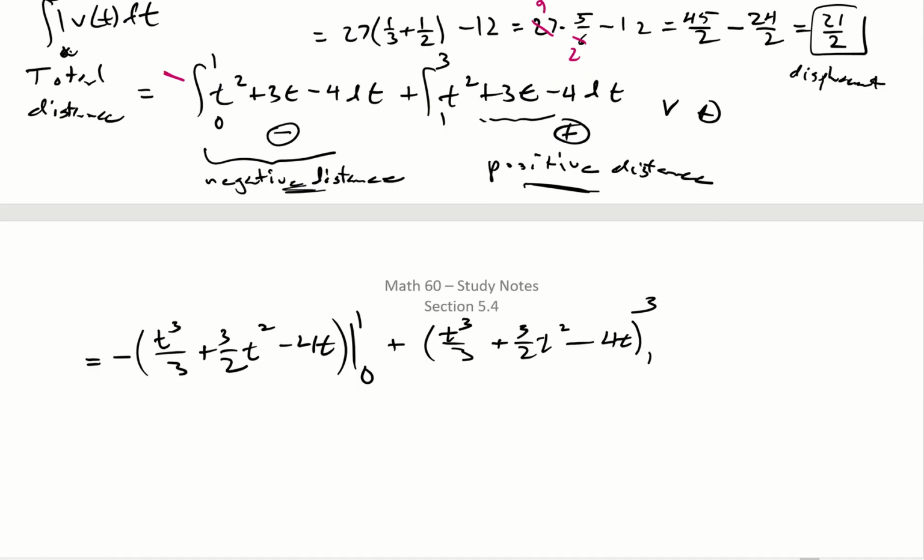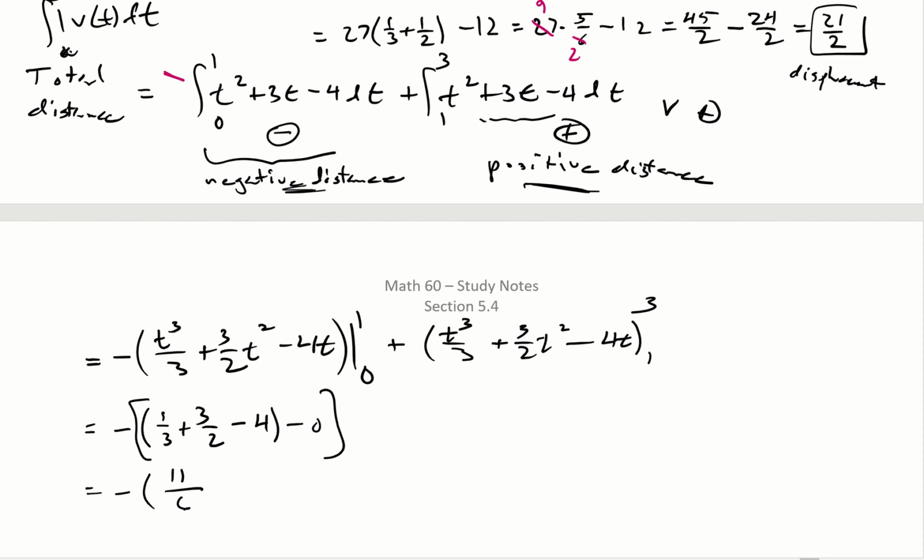And so you plug those numbers in. Let's see what happens. So I get a negative, and here I got 1/3, plus 3 halves, and then minus 4. And remember, when I plug in the lower limit 0, I just got 0. You getting used to that one? So in here I got a negative, and that's going to be sixths. That's going to be 2 and 9. I think that's 11/6.